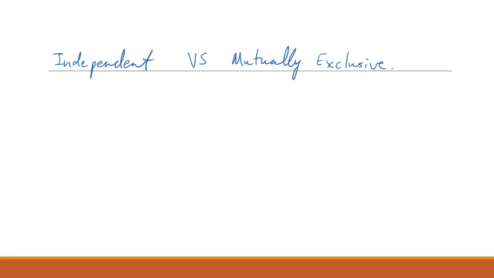This next one will always confuse people because it's not so straightforward: independent and mutually exclusive. Independent means essentially one thing can occur with the other as well, and their probabilities don't affect each other.